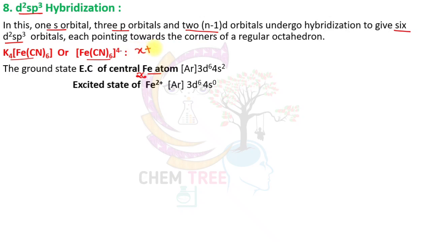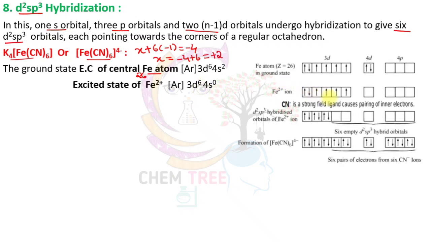x plus 6 times minus 1 equals minus 4. We get x equals minus 4 plus 6, that is equal to +2. The oxidation state of iron is +2. In the +2 oxidation state, it loses 2 electrons from the 4s orbital. The cyanide ion is a strong field ligand.